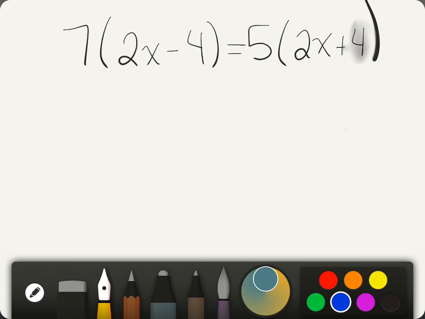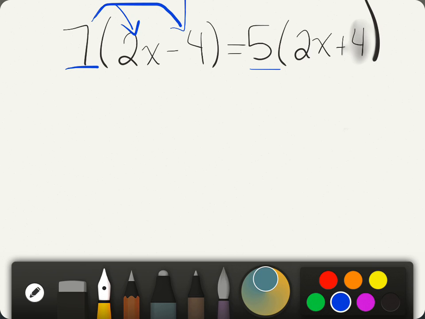Now in this type 4 situation, we need to add an extra step, which is called distribution. So because there's a 7 on the outside of the bracket, we're going to use a distribution rule. We're going to distribute this 7 to both the 2x and the negative 4.